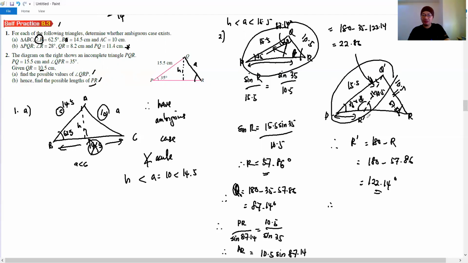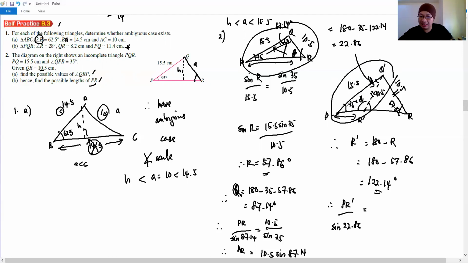So guys, you want to find the PR, it partners with the Q prime. So therefore, PR prime over sine of Q prime, sine 22.86, equals to, now we need to check the second partner.